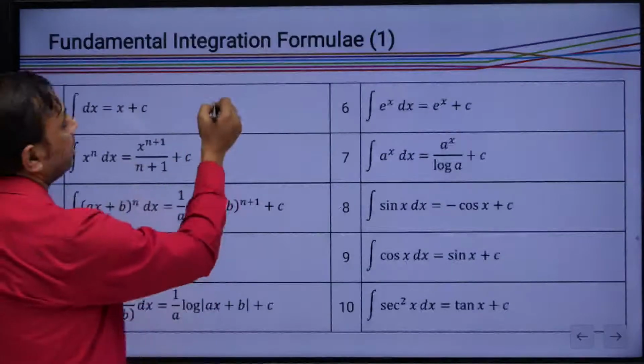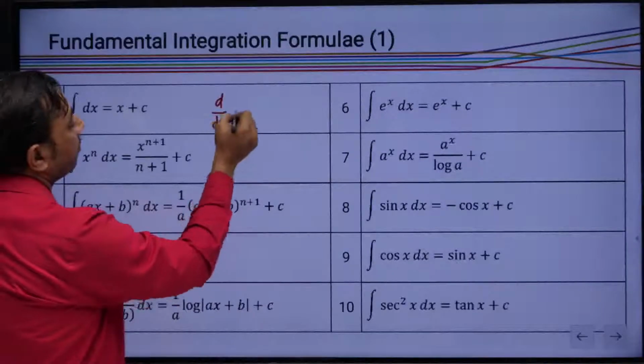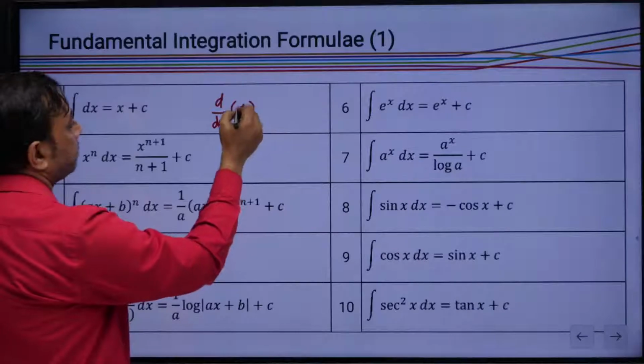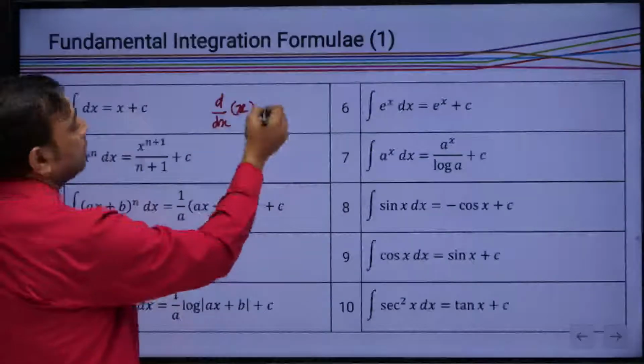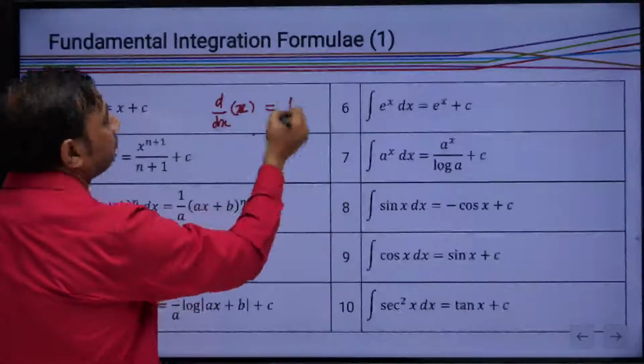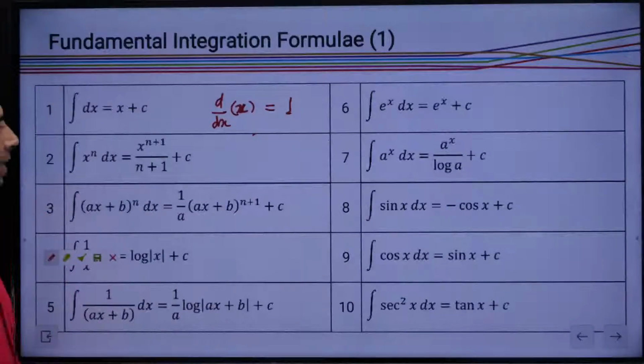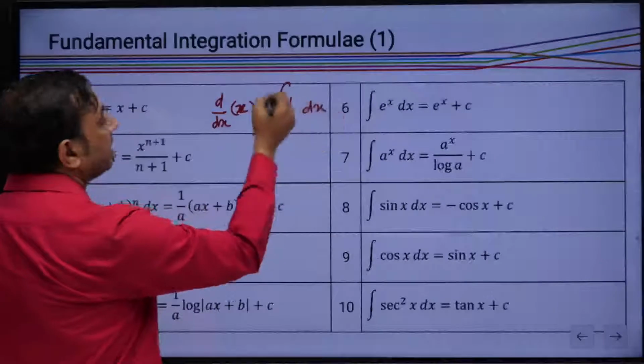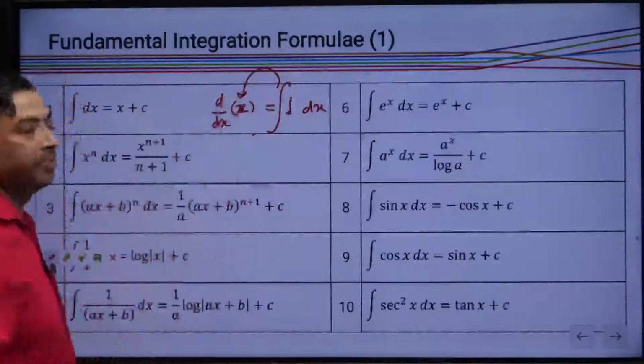I need to find the derivative of x. The derivative of x is 1. So if I integrate this 1, I will get my x back.